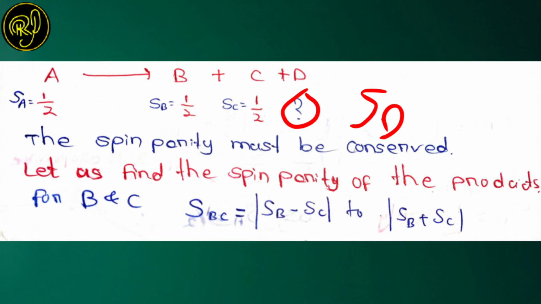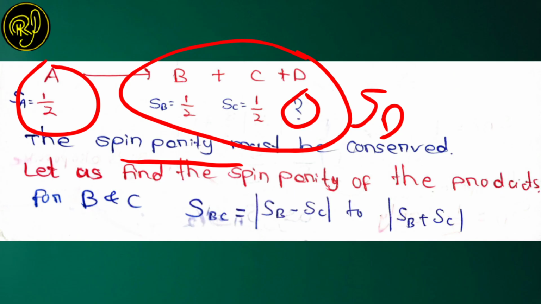Since this is an allowed reaction, the spin parity must be conserved. Means the spin of the LHS must be equal to the combination of the spin of the RHS. So let us now find the spin of the products, and the products are B, C and D.